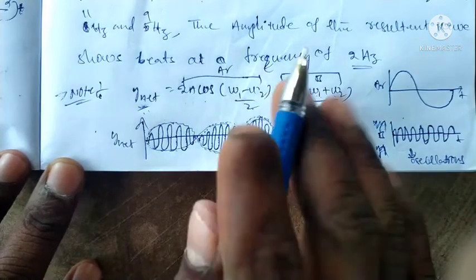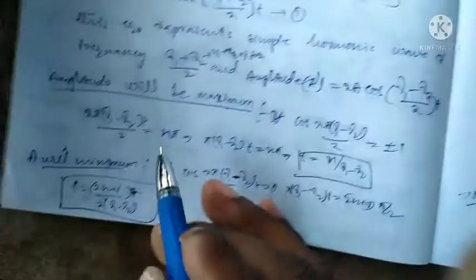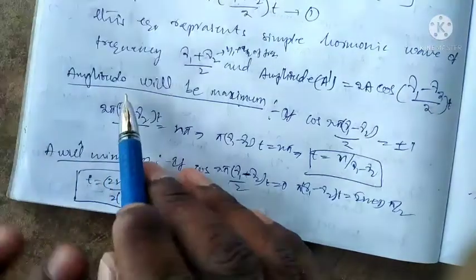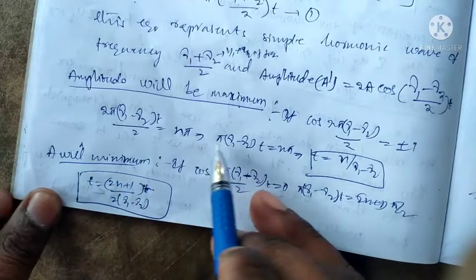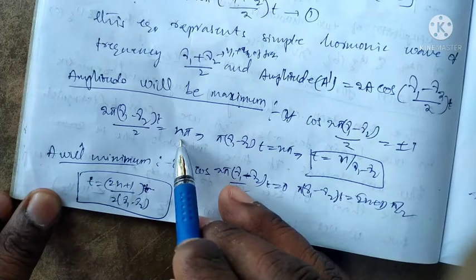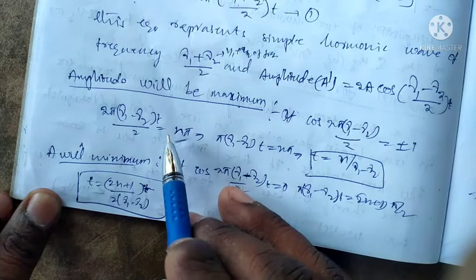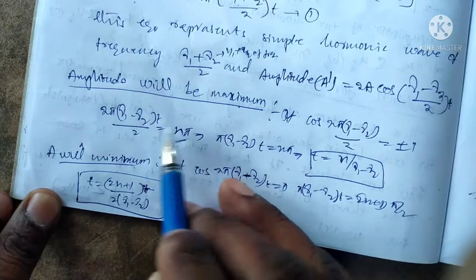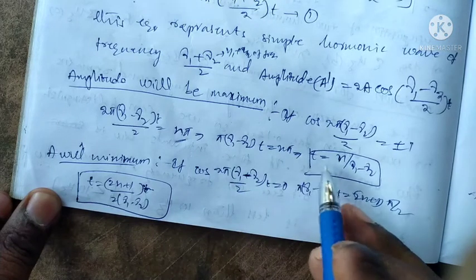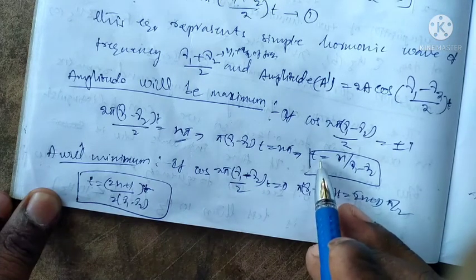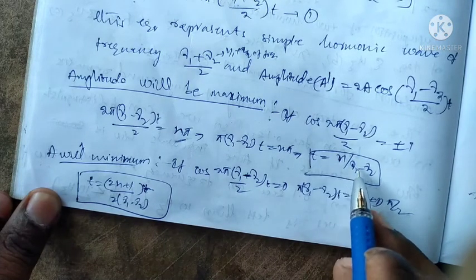That's why we take the maximum amplitude in the form 2 pi nu 1 minus nu 2 by 2 equal to n pi, with n equal to 0, 1, 2, 3. We can substitute the values of n. We get the time period of beats, the number of beats that occur in the phase difference.